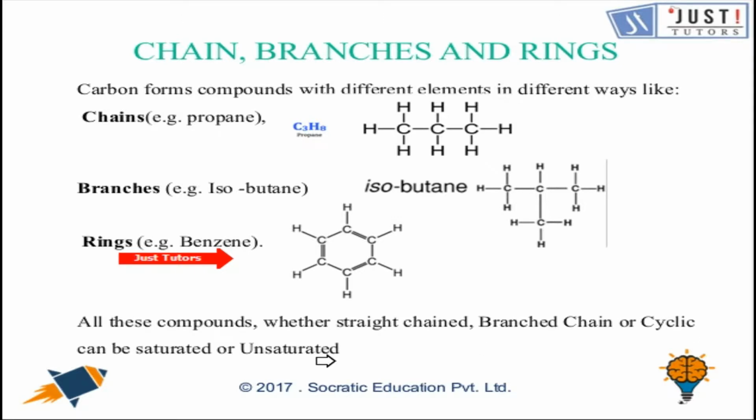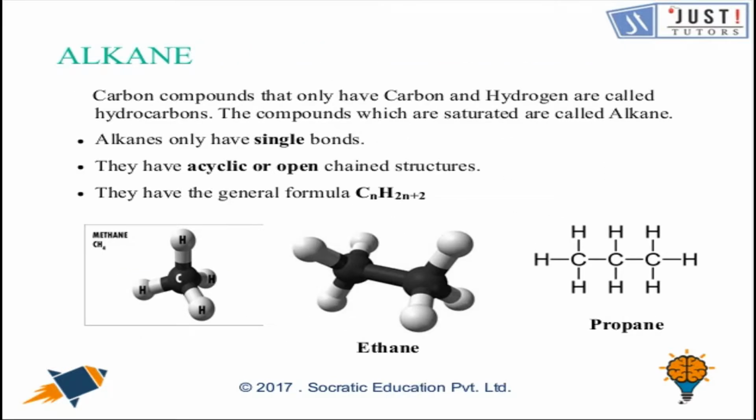And all these compounds, whether straight chained, branched, or cyclic, can be saturated or unsaturated. So now we'll talk about alkanes. As we discussed, carbon compounds are saturated and unsaturated, so first comes alkane.